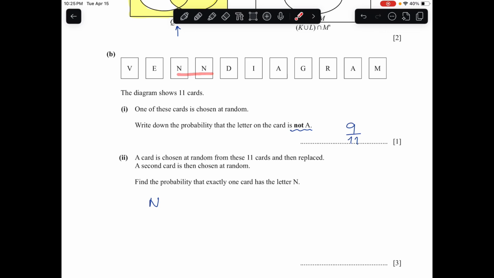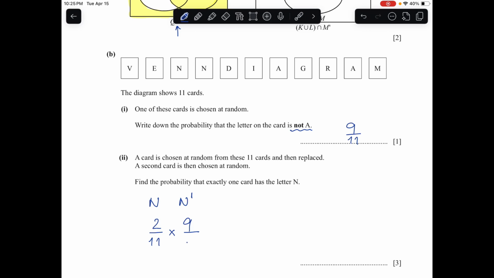We have 2 N's. So he has a choice of 2 out of 11. The second card is not N, right? So that's going to be 9 out of 11. Why 11? Because the previous card is being replaced.